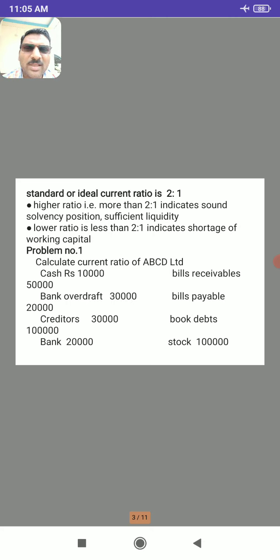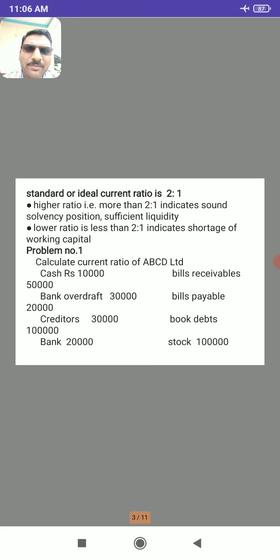Now we will take one simple problem and solve the current ratio. The standard current ratio is 2:1. If the ratio is more than 2:1, it indicates the sound position of the company and sufficient liquidity.